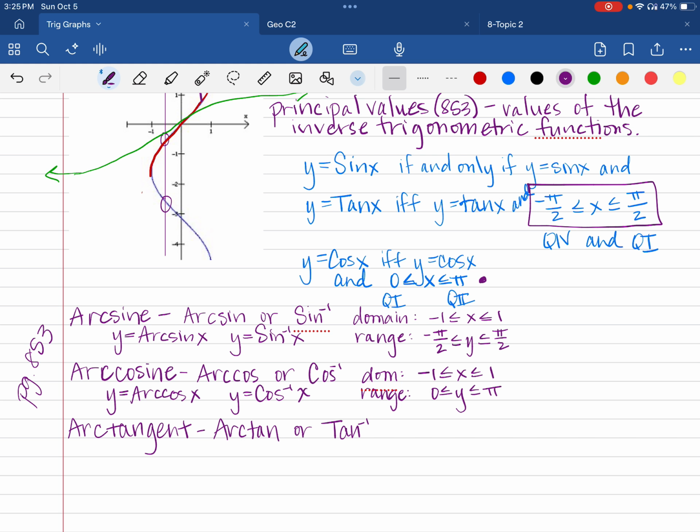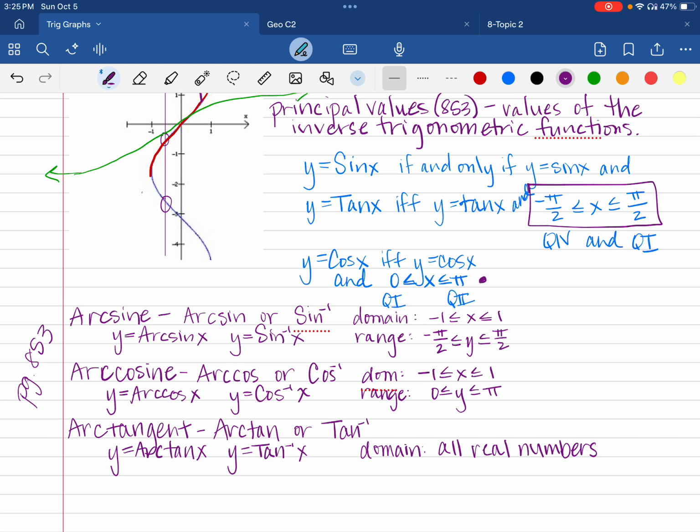Tangent or arctangent, we'd have y equals arctan x or y equals inverse tangent of x. Your domain for tangent is all real numbers.